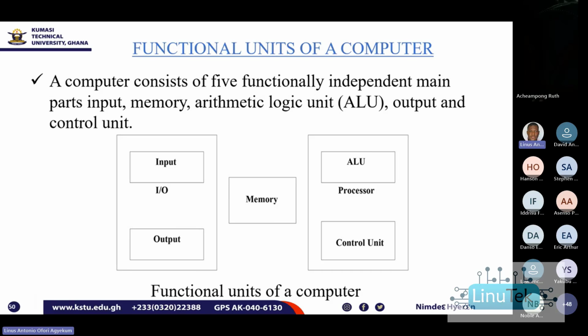Then when we talk about the processor, because we are looking at the basic structure of a computer, we are looking at it at the basic level where it is basically used for arithmetic operations. Then we'll be talking about the ALU. What the processor or the ALU does is that it is responsible for every arithmetic operation that goes on in the system, say addition, multiplication, division, and all that.